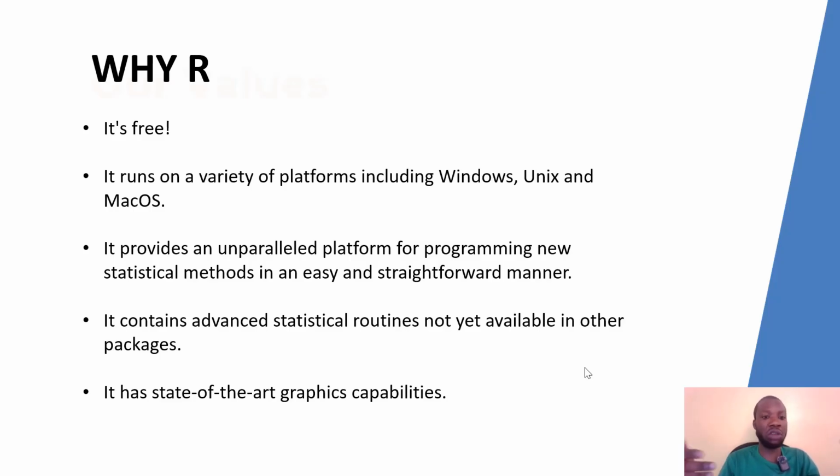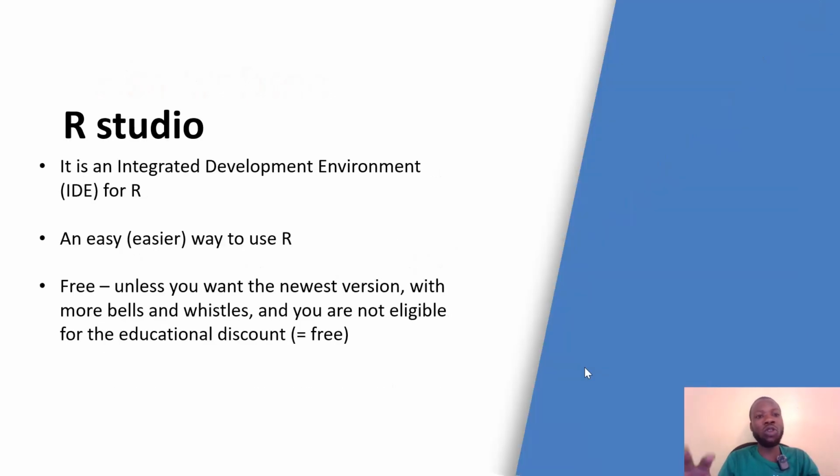That is really interesting. It has state-of-the-art graphic capability, as I said. And from that, we have RStudio. So in R programming, there is what we need to keep in mind: when we say R programming, understand the R console and also RStudio. Why the R console?